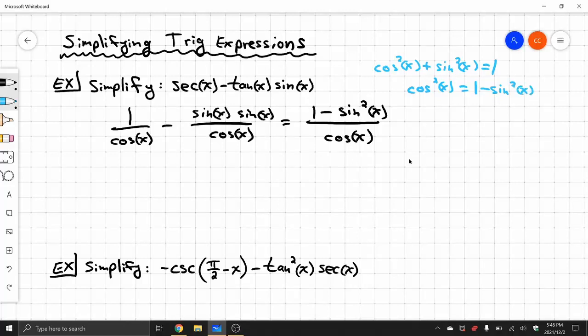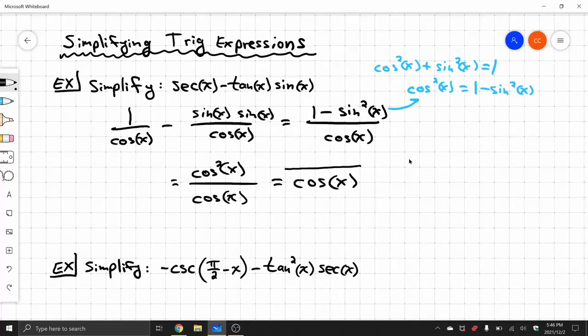Well, that's exactly what we have here. So I can actually substitute in cosine squared x for my 1 minus sine squared x. So that's going to be over cosine of x. And when I simplify that, I'm just going to have cosine of x for my final answer.